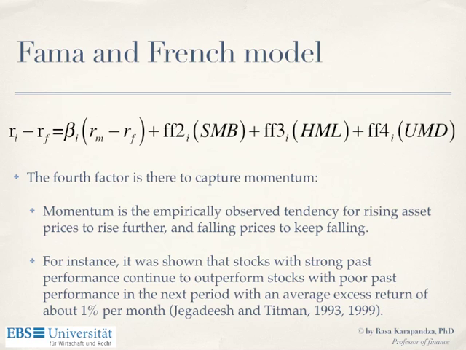It's the same thing as the CAPM. You just have more dimensions. It's not only that the return of market is important, but also important is the return of small minus big companies. Important is return of high minus low companies, and important is this momentum factor.